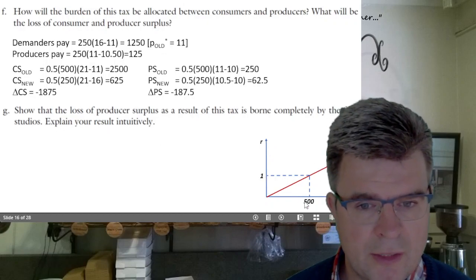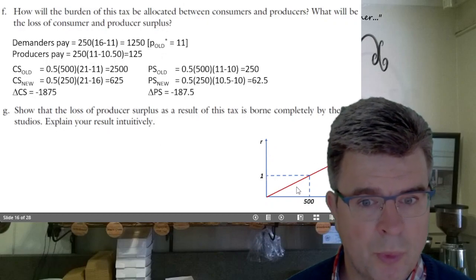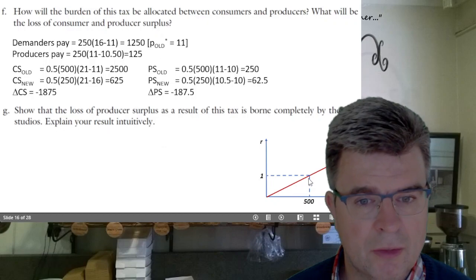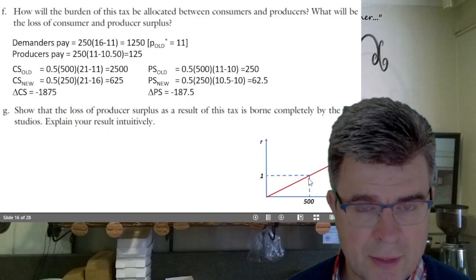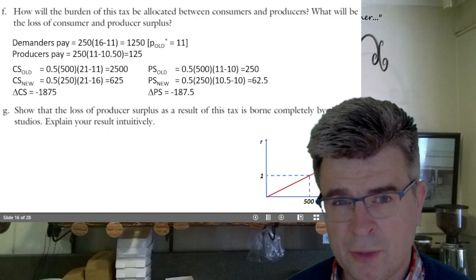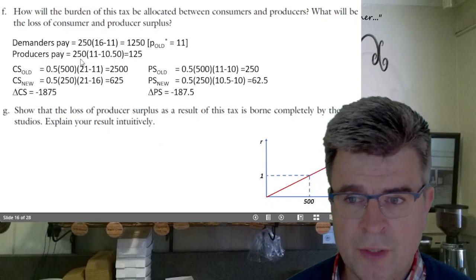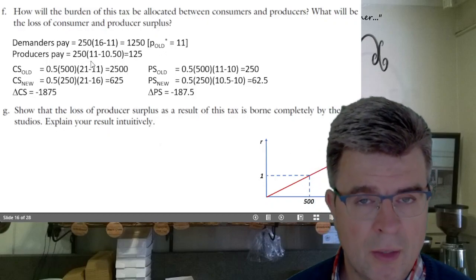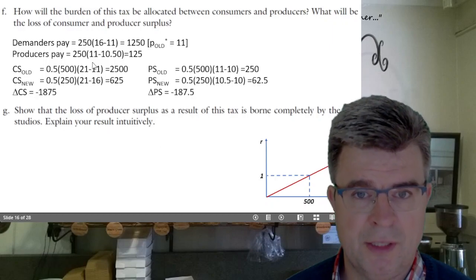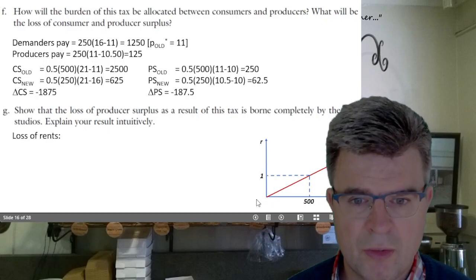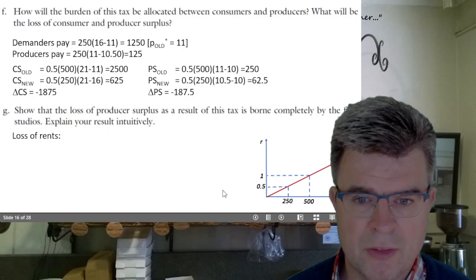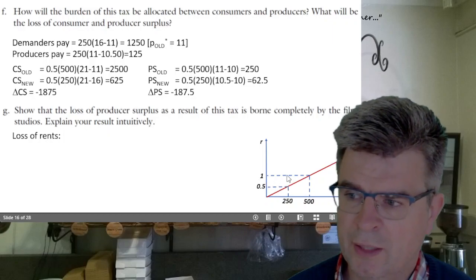In the original case, the royalty rate was equal to 1, and they supplied 500 copyrights. In the new situation, in equilibrium, 250 copies are sold, and the royalty rate that they receive is equal to $0.50. So they experience a loss of rents, and the loss of rents is identical to this area over here.